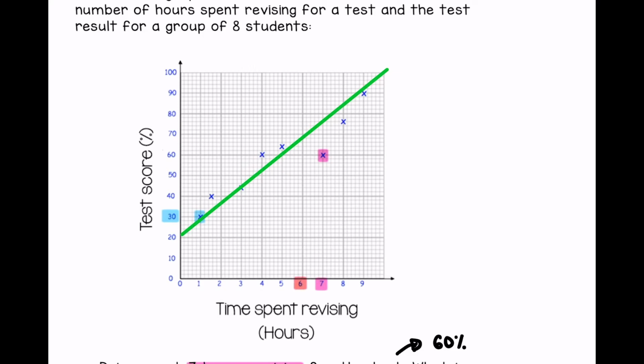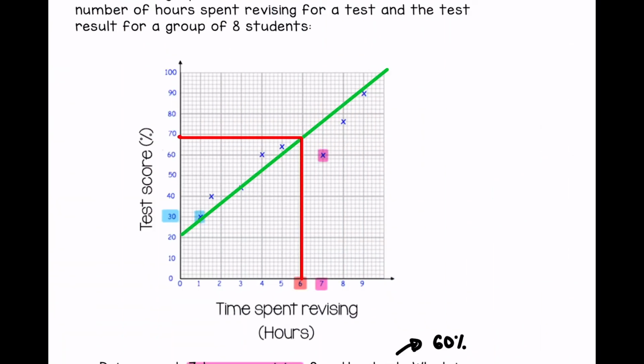Then I am going to draw a line from the 6 hours revising up to the line of best fit, and take it across to the graph to find an estimate of what percentage this child would get if they revised for 6 hours.